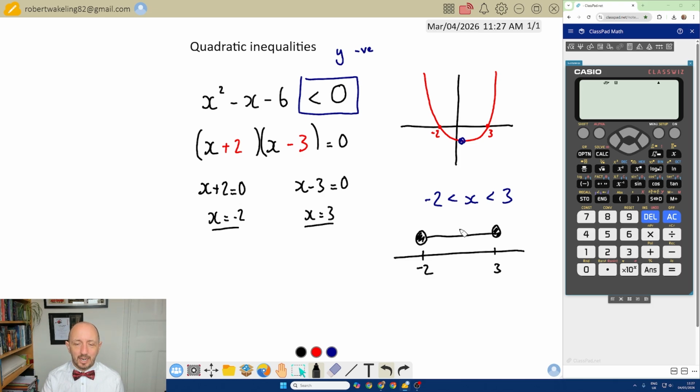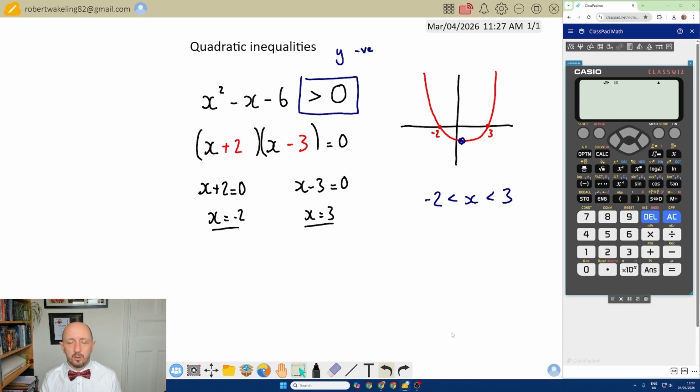Okay, what happens if I switch the inequality sign around and make it greater than? We can no longer use this kind of notation. Okay, let me explain what I mean by that. Let's pick up our kind of dot here and navigate our way around the shape.